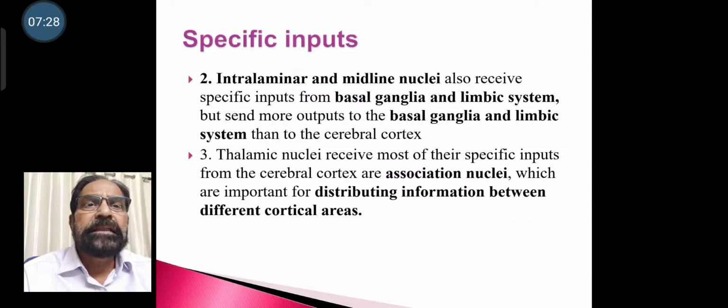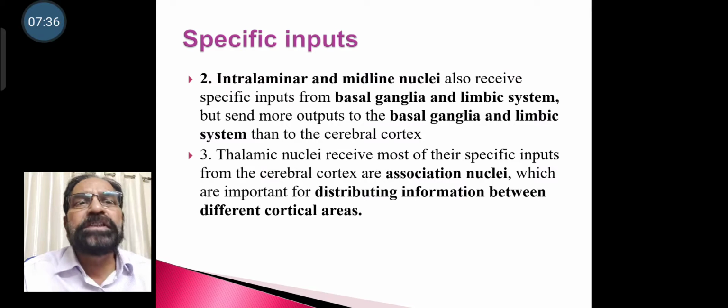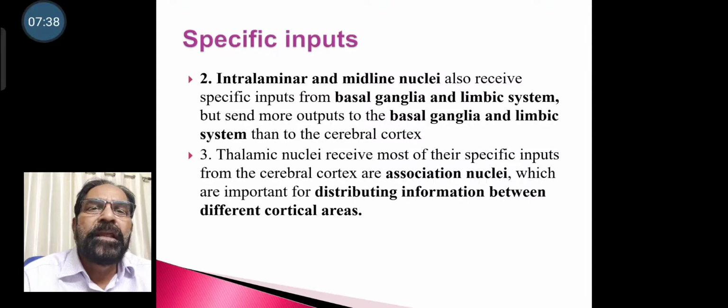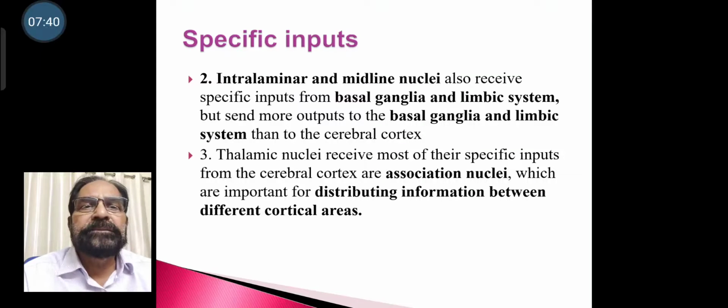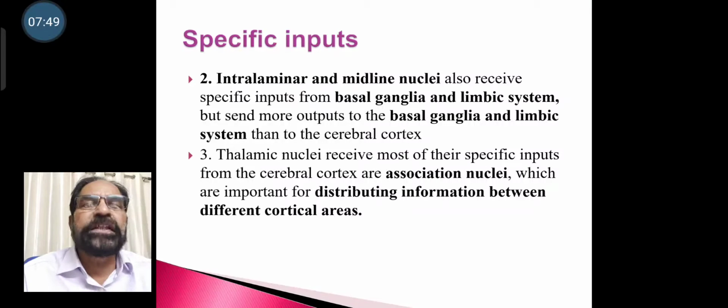Thalamic association nuclei receive most of their specific inputs from cerebral cortex, and are important for distributing information between different cortical areas. So they associate the two hemispheres.